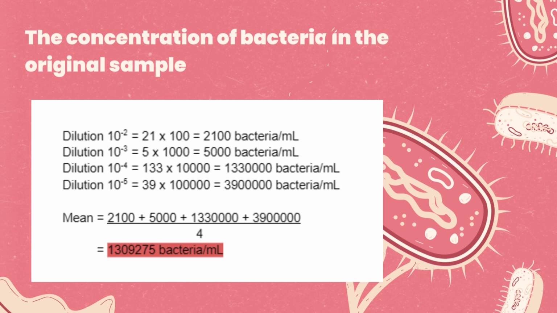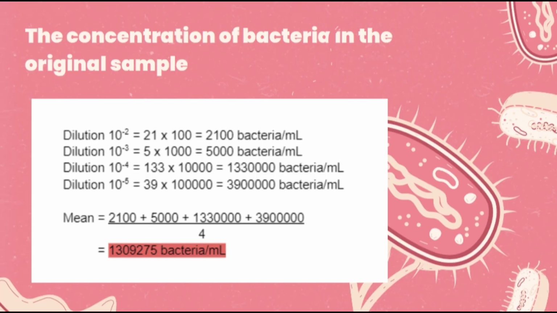To calculate the concentration of bacteria in the original sample, take the number of bacteria counted in the dilution times the number of the dilution.